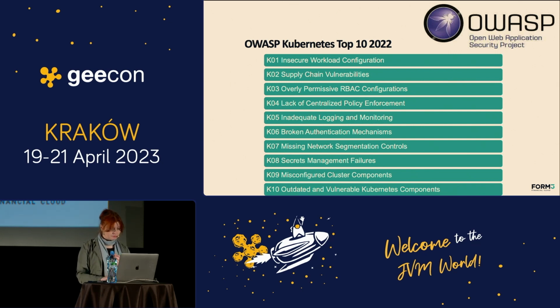Number 5, if you don't watch your logs, you are like a security guard who fell asleep on the job. Number 6, make sure your authentication isn't like a weak bouncer who just lets anyone in.